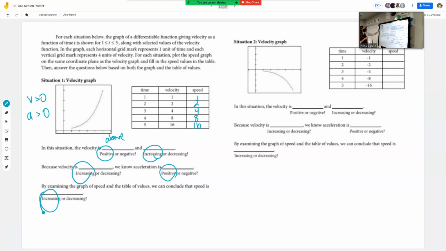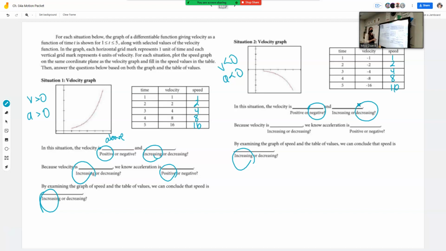But here's the tricky part. If I look at this guy, where my velocity is negative because it's below and my acceleration is negative, it's going to start to sound a little weird. The absolute value, the speed, is behaving the exact same way. So from the very beginning, I know that speed is increasing. But does that make sense with the words? The velocity is negative and decreasing.